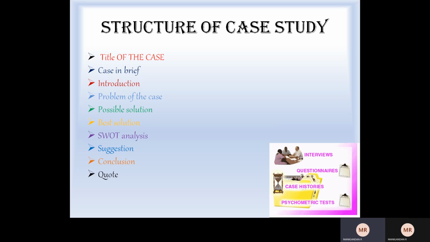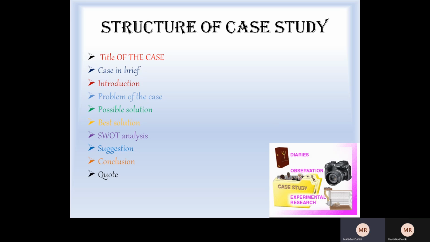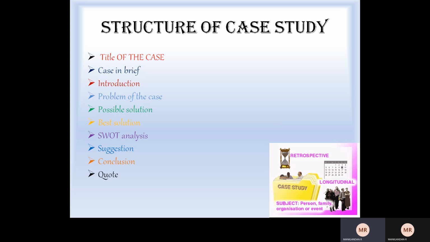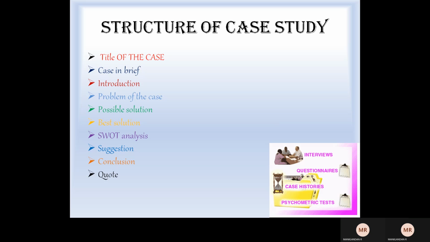Next, in this slide, there is a GIF related to the case study given in research. In research itself, there are case studies.